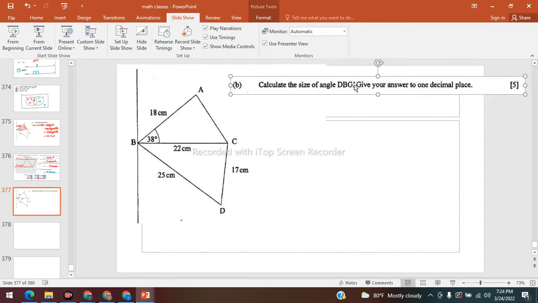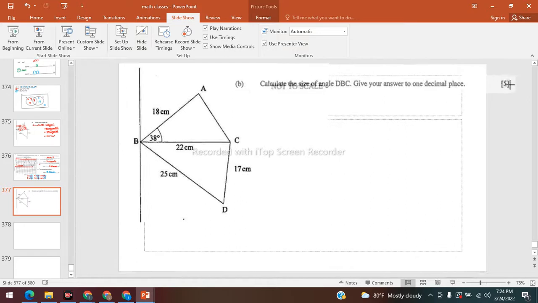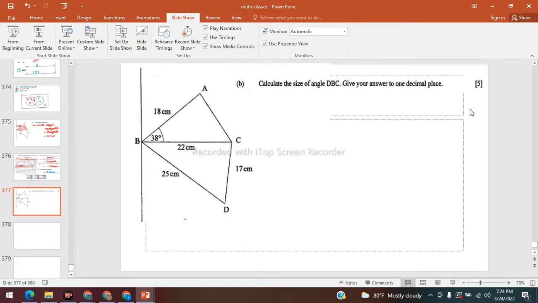So calculate the size of angle DBC. Give your answer to 1 decimal place.